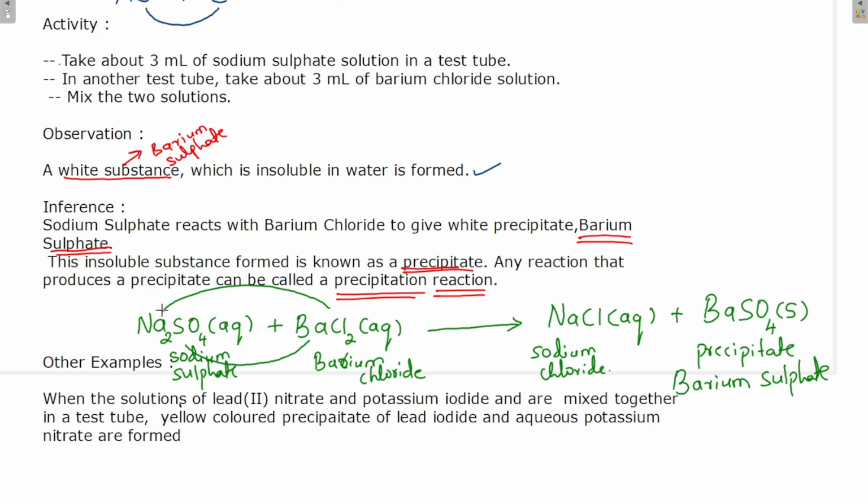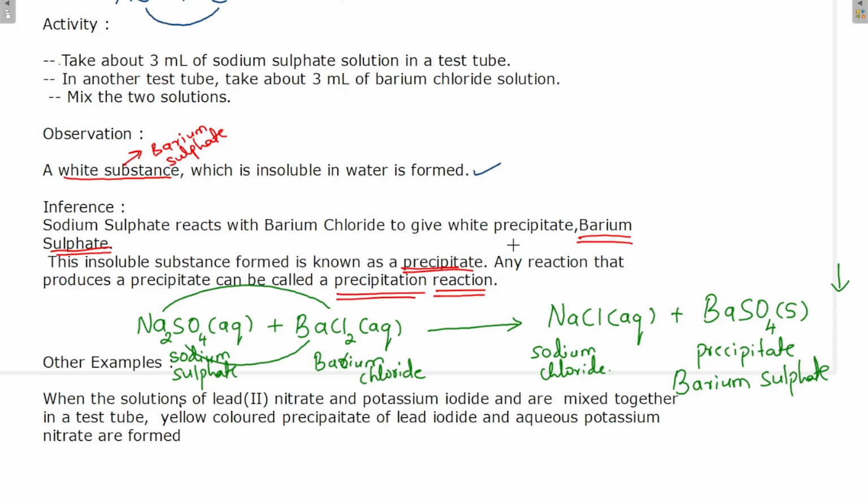Here there is exchange of ions between these two reactants to form barium sulfate precipitate and sodium chloride. We can also represent the formation of precipitate with a downward arrow. Yes, we have understood what we mean by precipitate here. It is an insoluble substance which is formed during a reaction and separates out from a solution. We call it a precipitate, and those reactions where there is a formation of precipitate are called precipitation reactions.